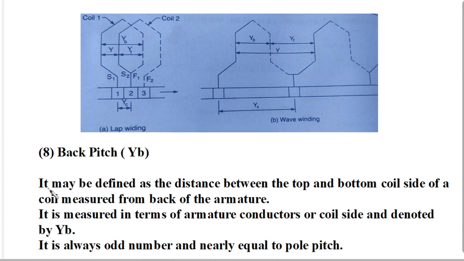The top side and bottom side distance is called back pitch YB. It is measured in terms of armature conductors or coil sides and denoted by YB. It is always an odd number and nearly equal to pole pitch. Remember this about back pitch YB. All these terms are very useful when we design a winding.